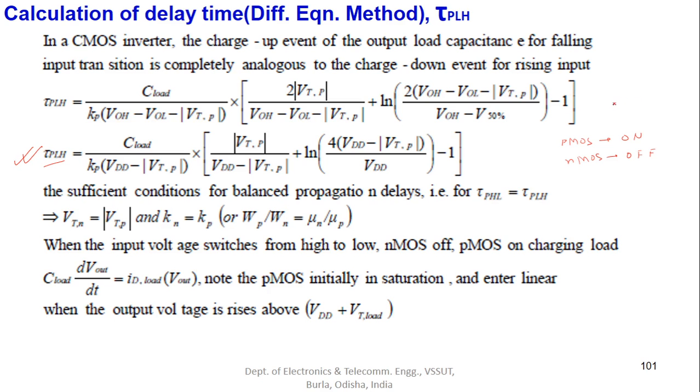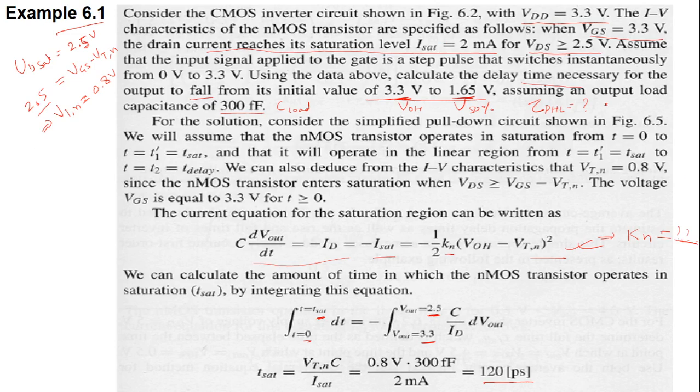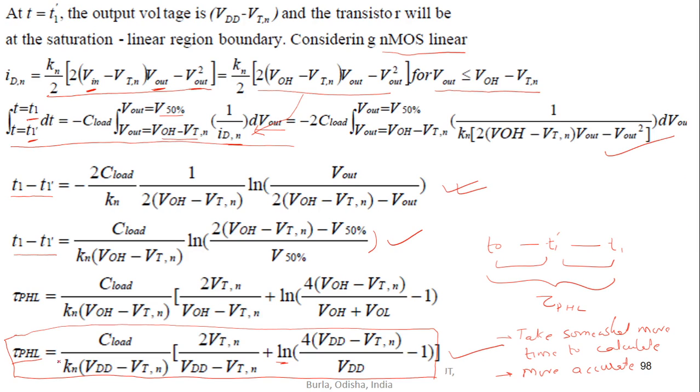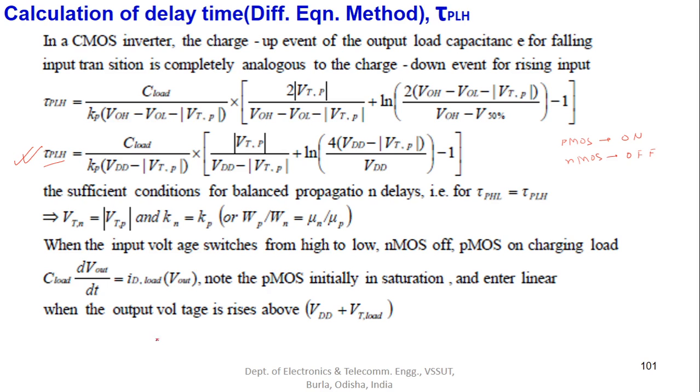You can very well compare this with the equation for tau PHL. There the common parameter is C load by Kn times VDD minus VTN, and here the common parameter is C load by Kp this time, because this is for the PMOSFET, times VDD minus mod of VTP.